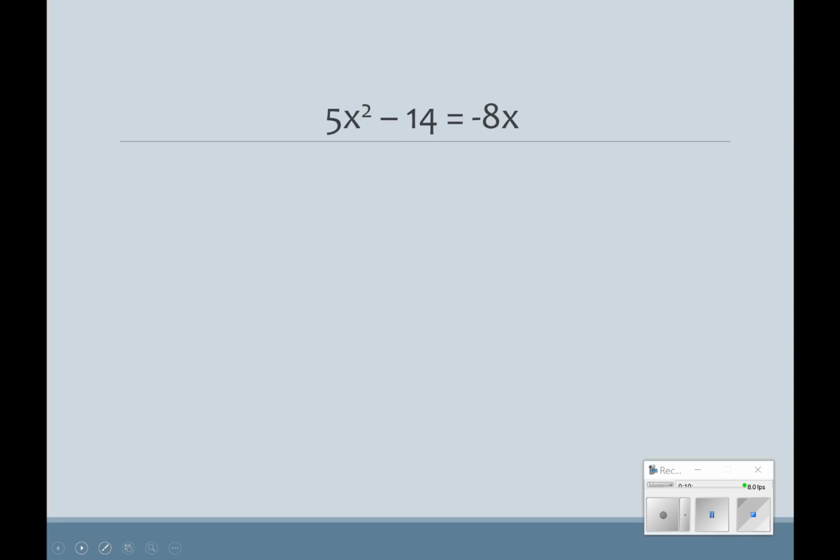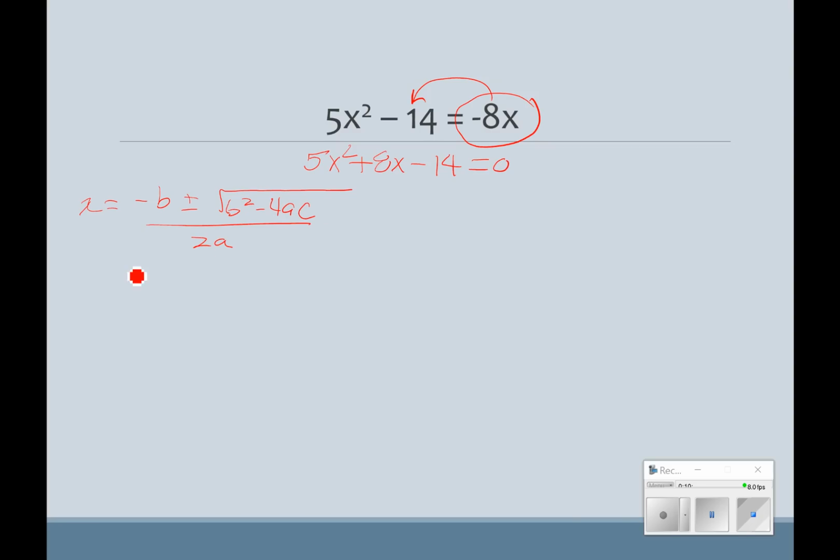Okay. Last example. Again, I need to bring my 8x, negative 8x over here, and I'm going to make it positive, and I'm going to write it in standard form. 5x squared plus 8x minus 14 equals 0. So x equals negative b plus or minus, see, I can't even not sing, the square root of b squared minus 4ac all over 2a.